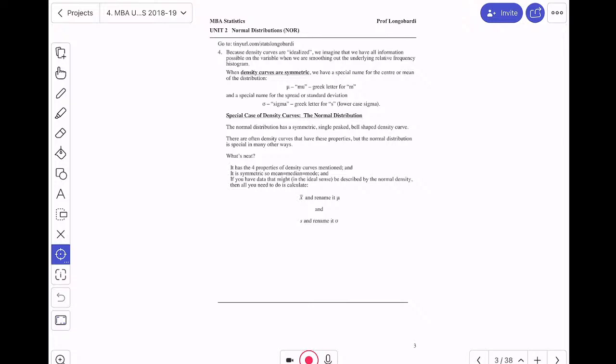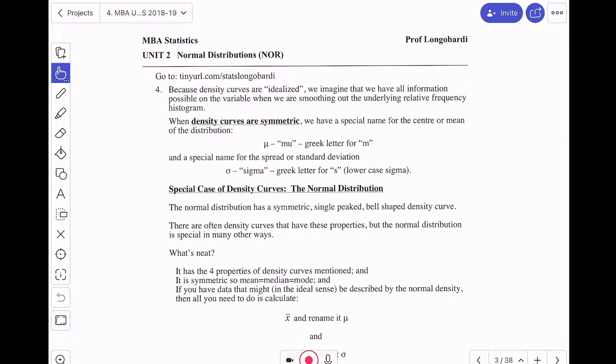All right, now, this is just recapping what I've said so far. Because density curves are idealized, we imagine that we have all the information possible in the variable when we are smoothing out the underlying relative frequency histogram. When density curves are symmetric, we have a special name for the center, or mean, of the distribution. We use mu, the Greek letter for m, for mean.